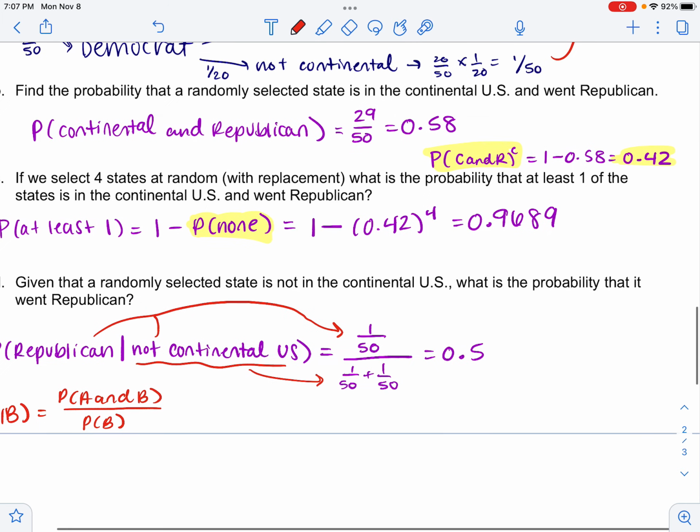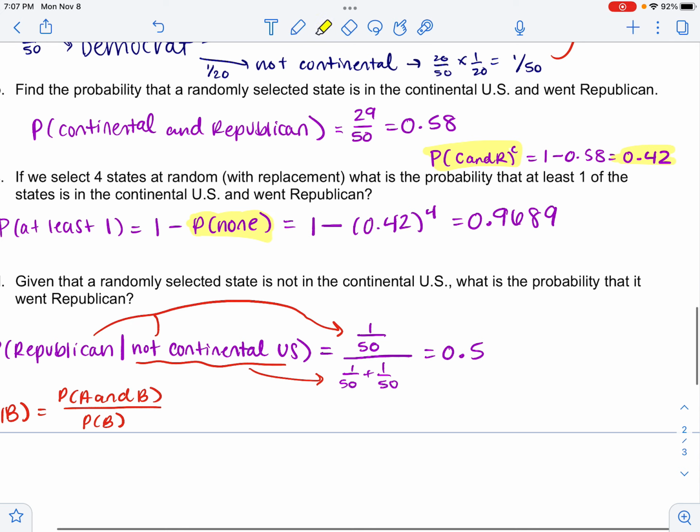To find the probability that none of them are continental and Republican, that's what we got from up here. That was the not continental and Republican, the complement of that, and we found 0.42. That is the probability that a state is not continental and Republican.